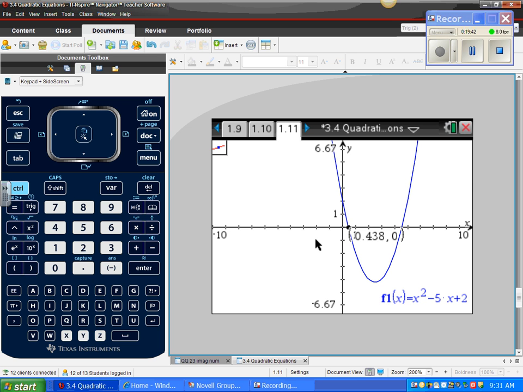You want where it's crossing the x-axis. So you grab it and move it, and it should say 0.